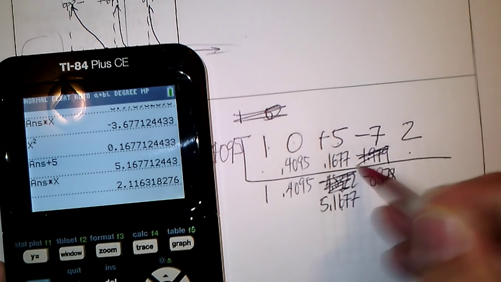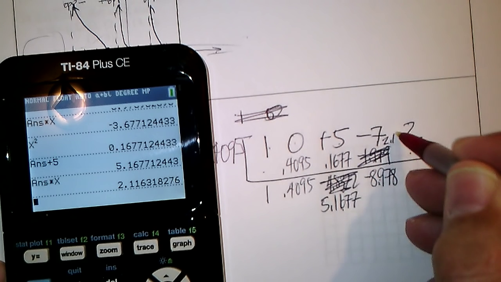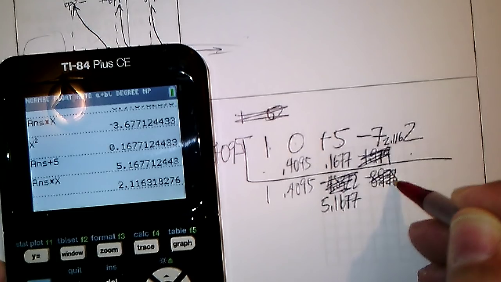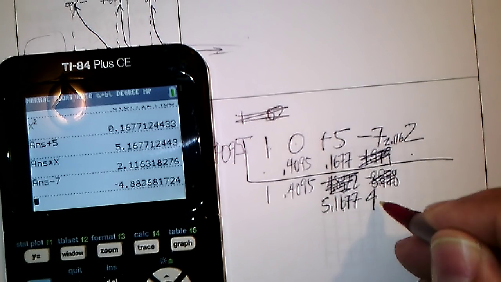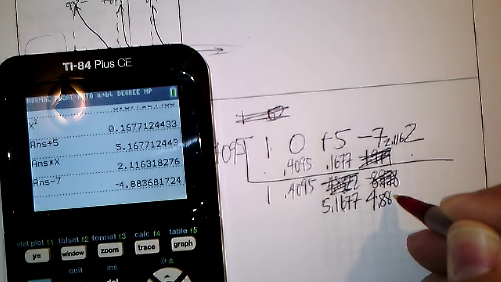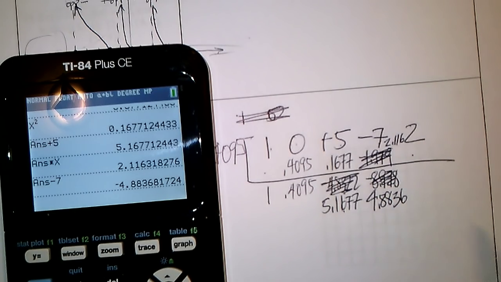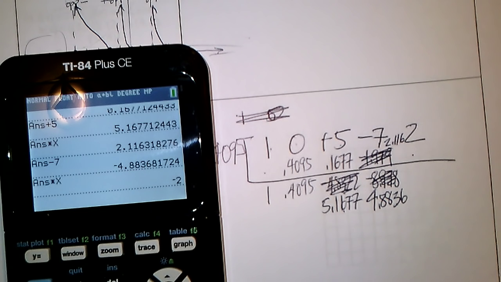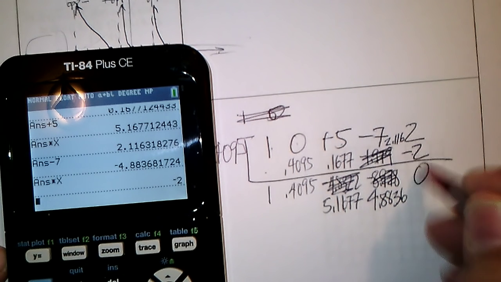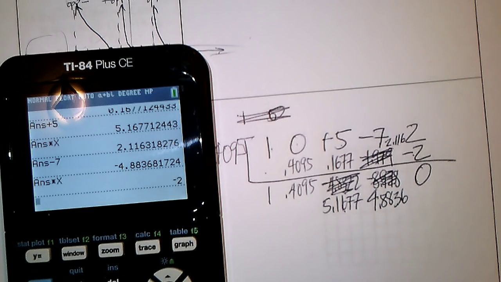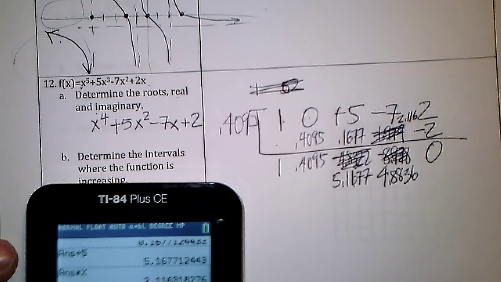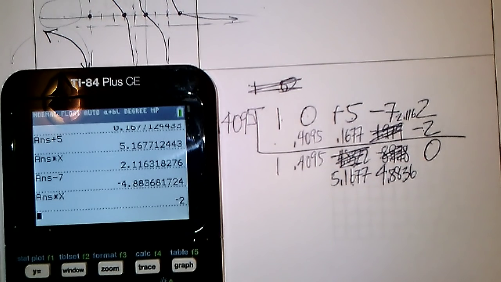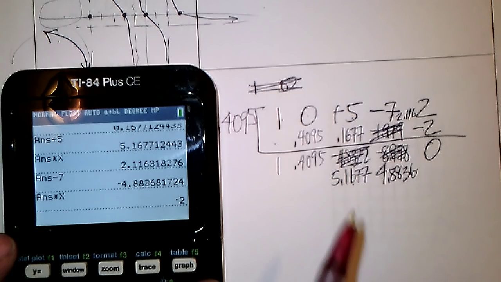So here I should put 2.116 and minus 7, and that should be 4.8836, and then times x, and I get minus 2, which is 0. Sorry for that. I didn't mean to make it this messy. And then we have to put in the other one into this stuff.